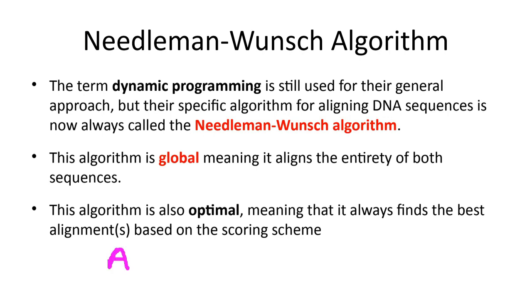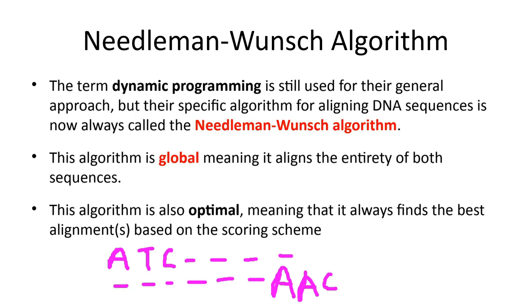Like this is not an alignment that this would do for you. Let's say A, T, C, G, and then A, C. This is not an alignment that would ever be produced by this algorithm because it's not a reasonable alignment. It's just too far.